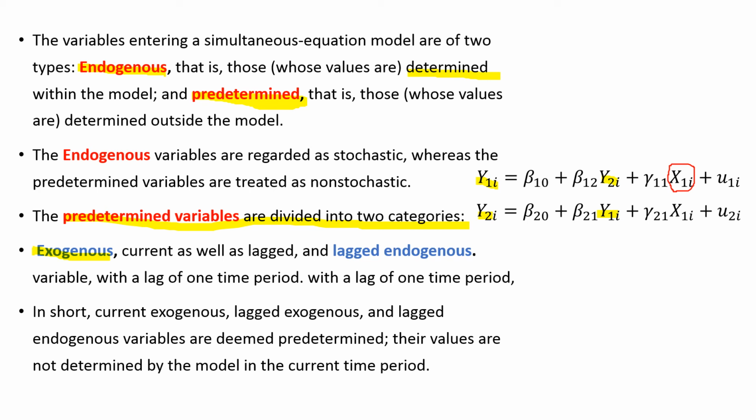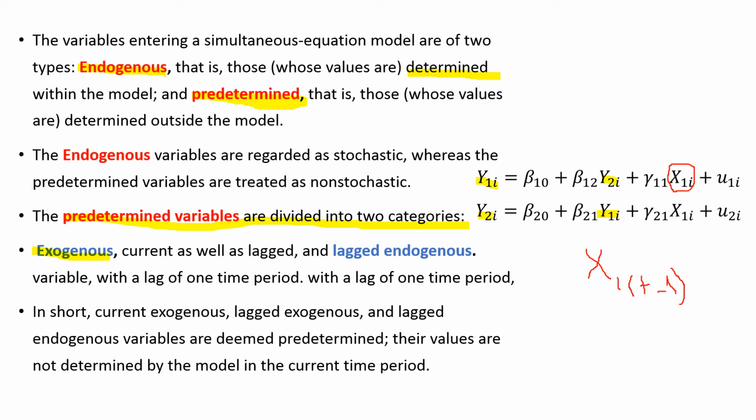While, for example, we can use x1 at t minus 1, which is called a lagged exogenous variable, lagged by one time period. I am not collecting it at the current time point, but at the previous time point, t minus 1.